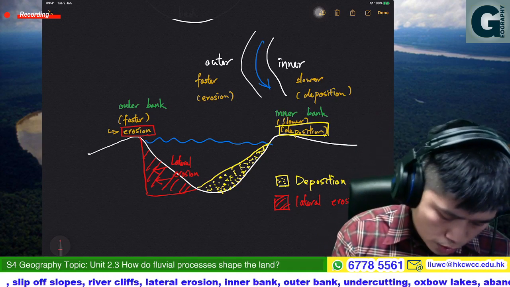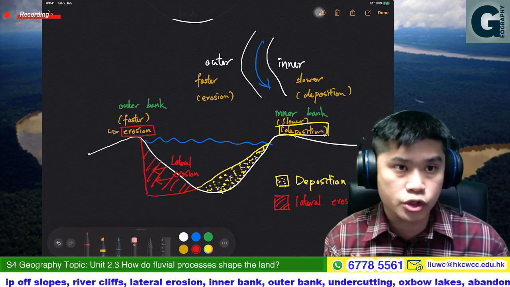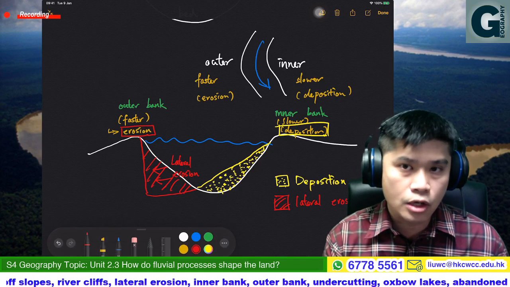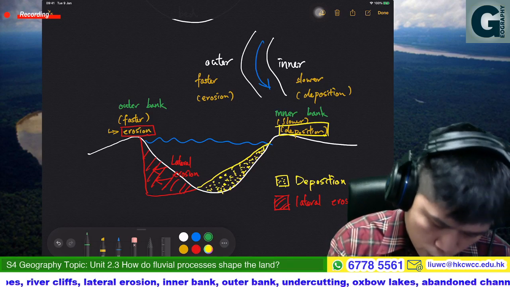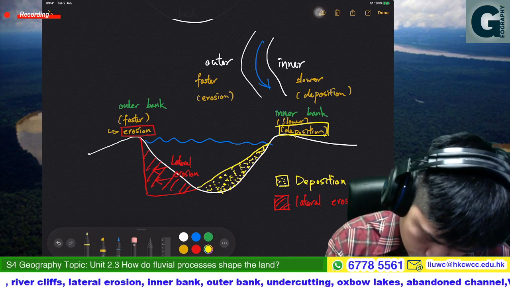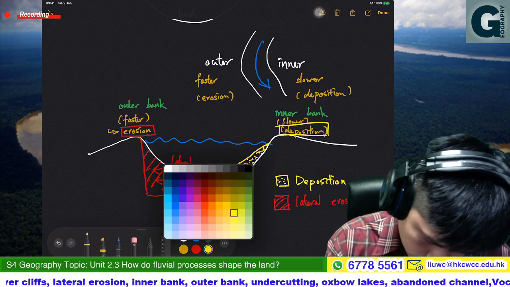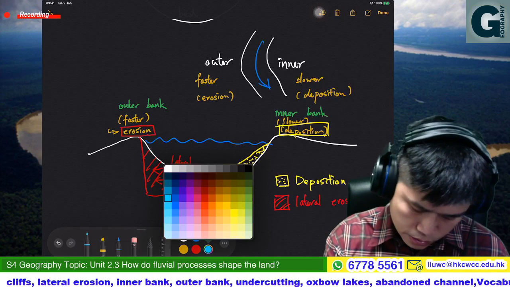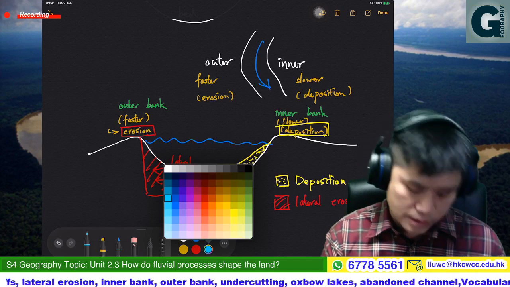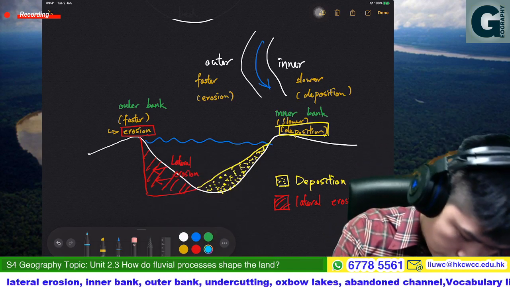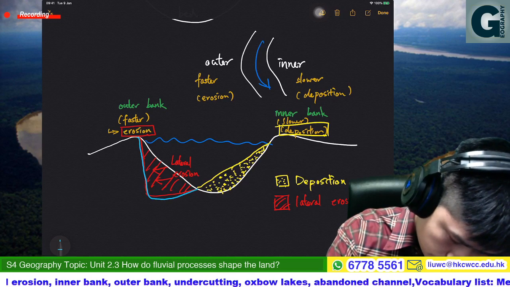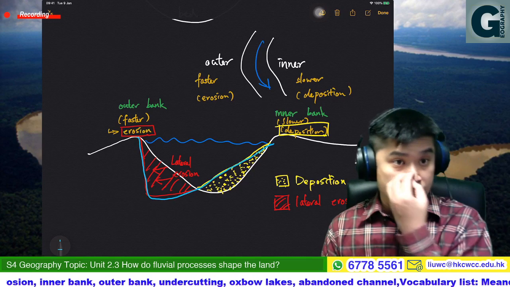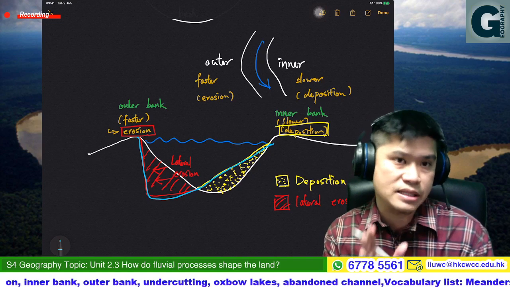So what should be the new cross section of the river? It would be like this. I will use blue to indicate the new cross section. So the new cross section of the river would be like this. It becomes asymmetric.